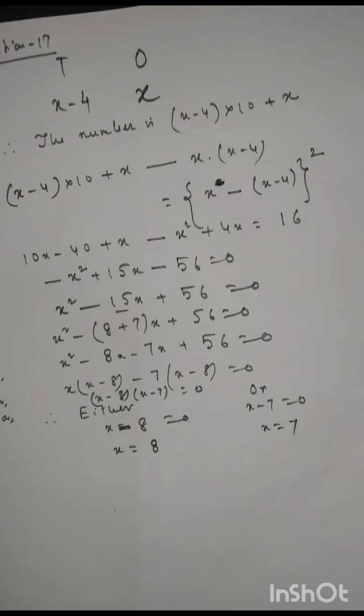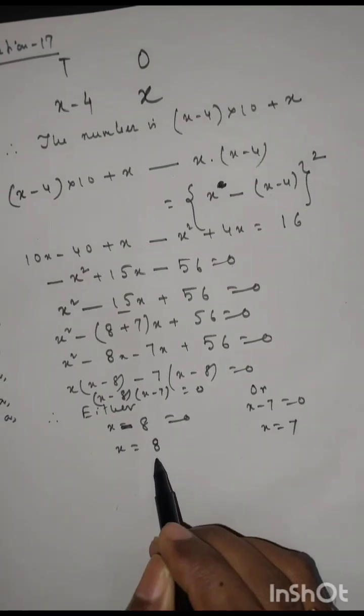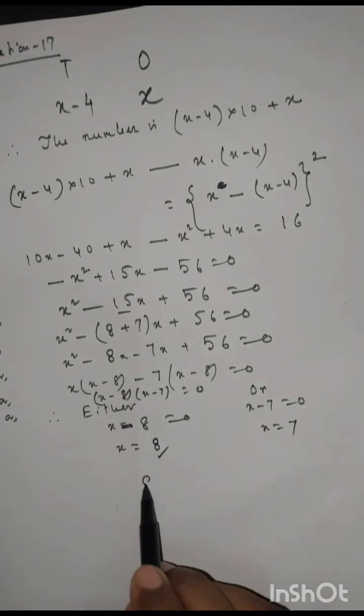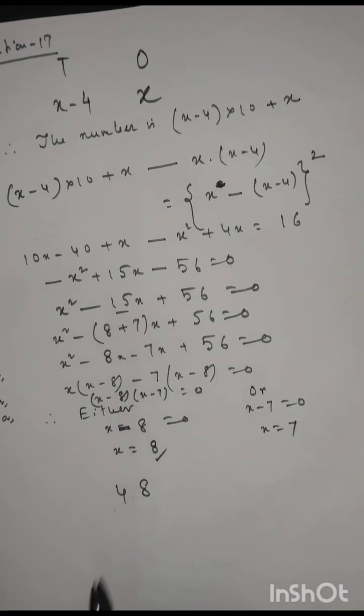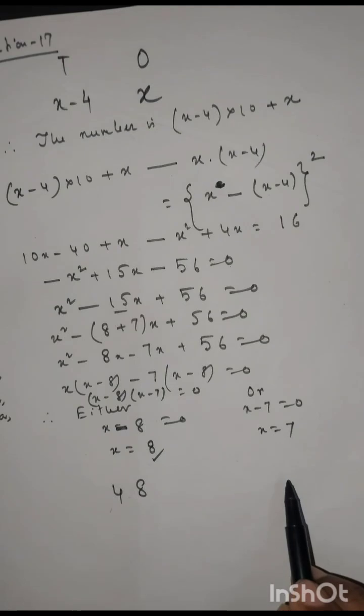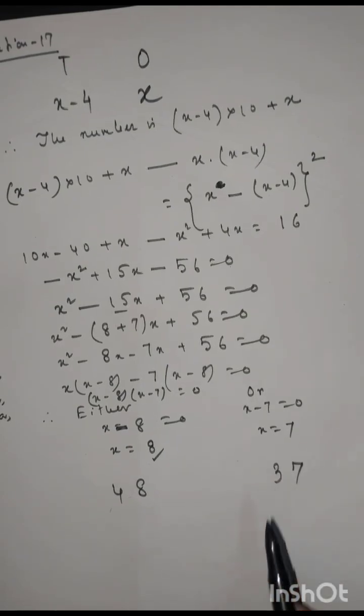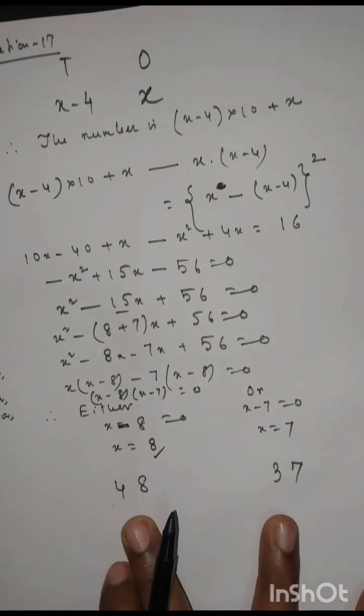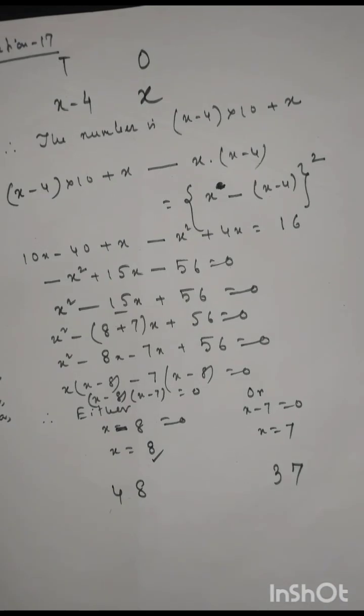So when we take x equal to 8, the number is 48, and when x equal to 7, the number is 37. So these are two possible numbers.